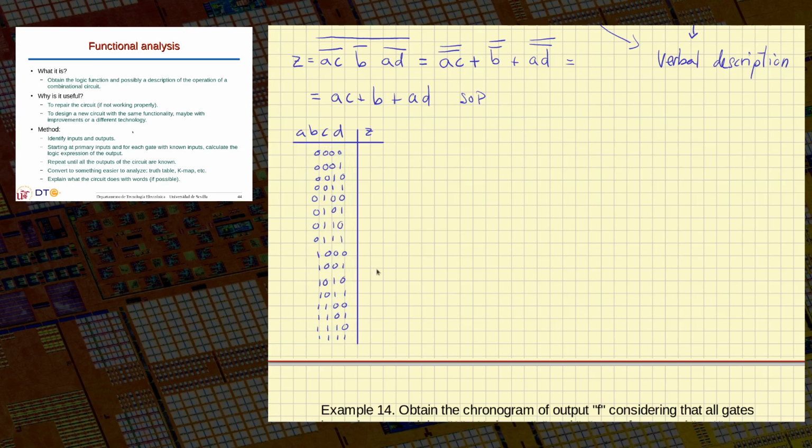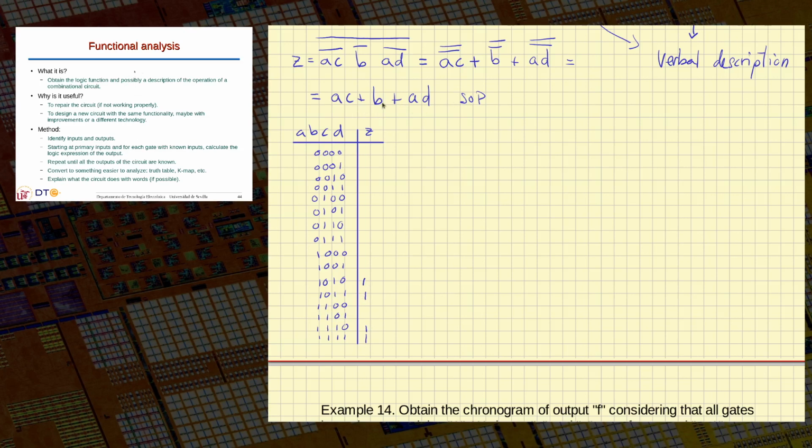And now the output in each case is, the output is 1 whenever A and C are 1, both of them. So I find these cases: A and C both 1 is in this case here, A and C, this case and this case.